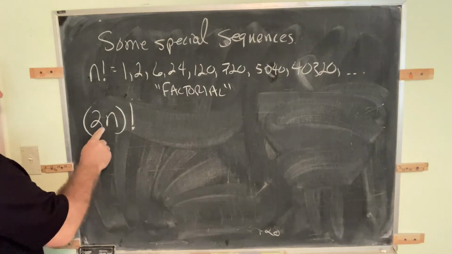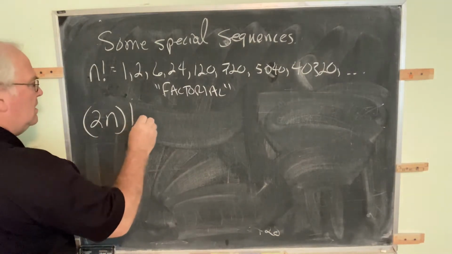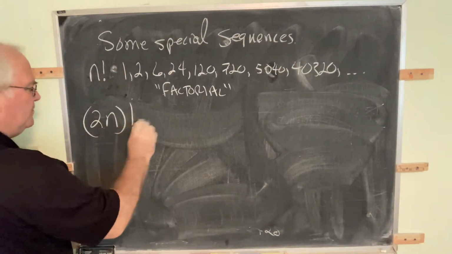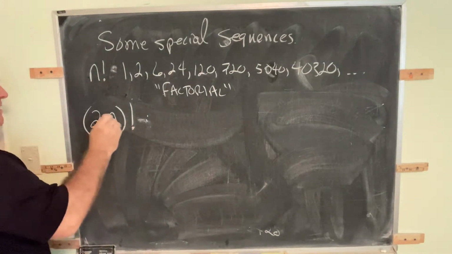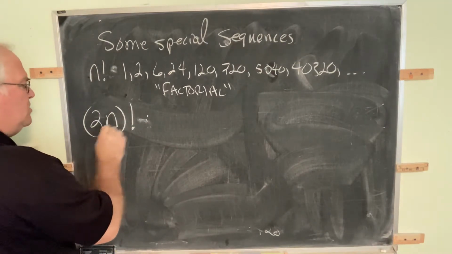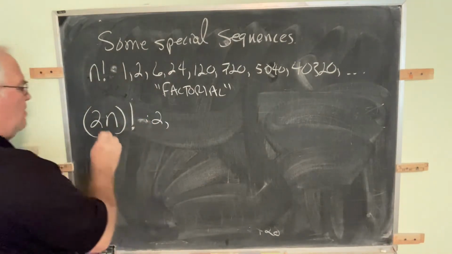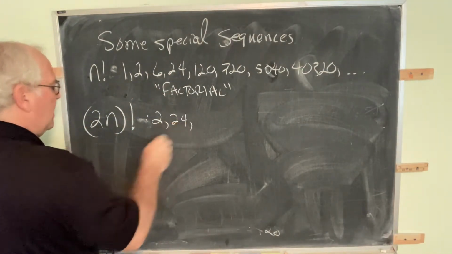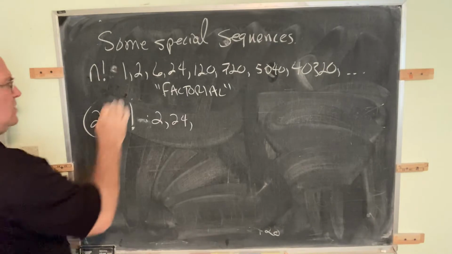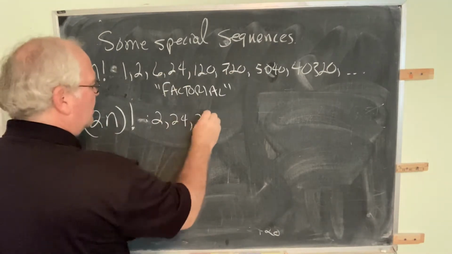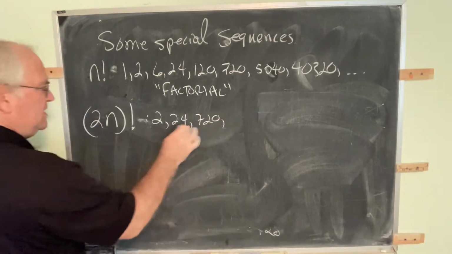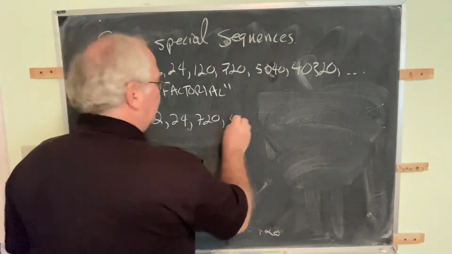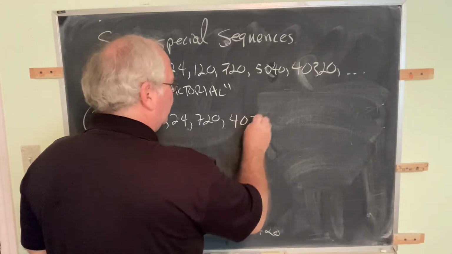When n is 1, this is 2 factorial, which is 2. When n is 2, this is 4 factorial, which is 24. When n is 3, this is 6 factorial, which is 720. And so what this represents is every other factorial. And this is already up at 40,320.